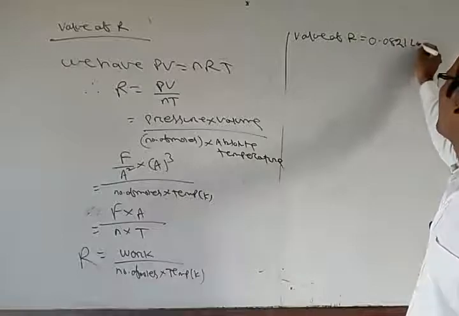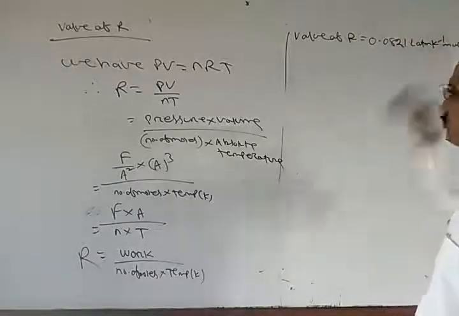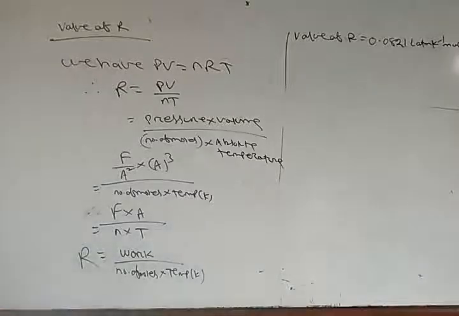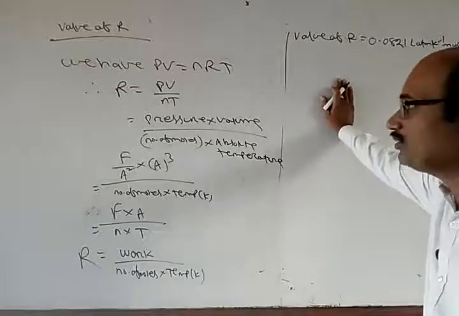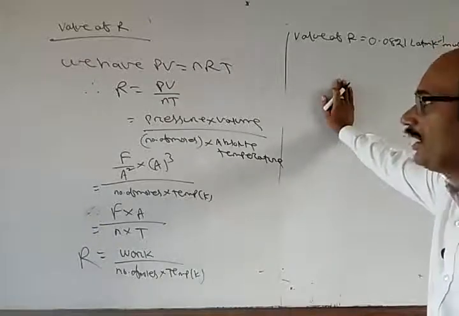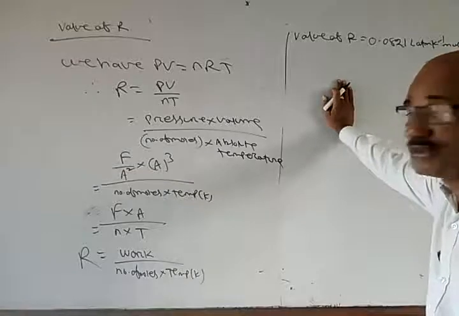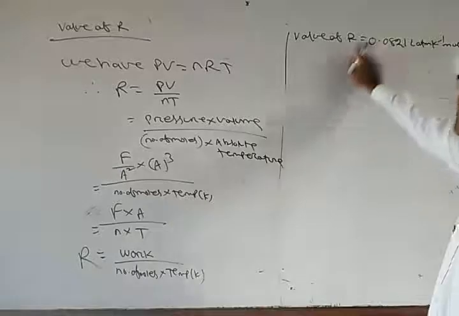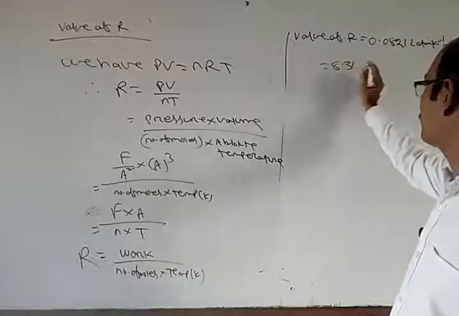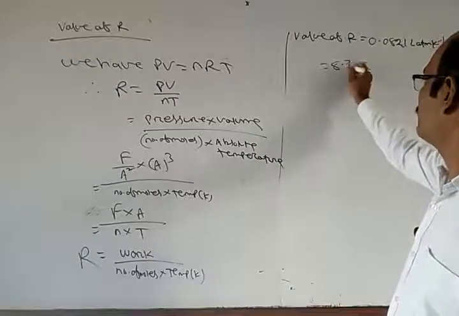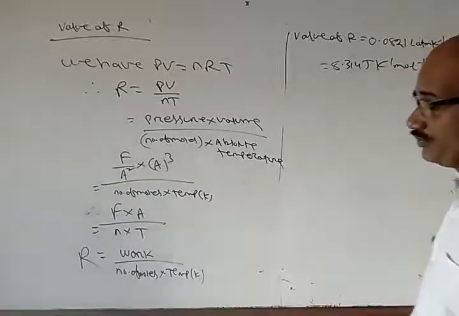0.0821 liter atmosphere per Kelvin per mole. That means here I have taken the standard pressure 1 atmosphere, volume 22.4 liter, number of moles 1, and absolute temperature 273 Kelvin. So we get this value, and this I can also write as 8.314 joule per Kelvin per mole.